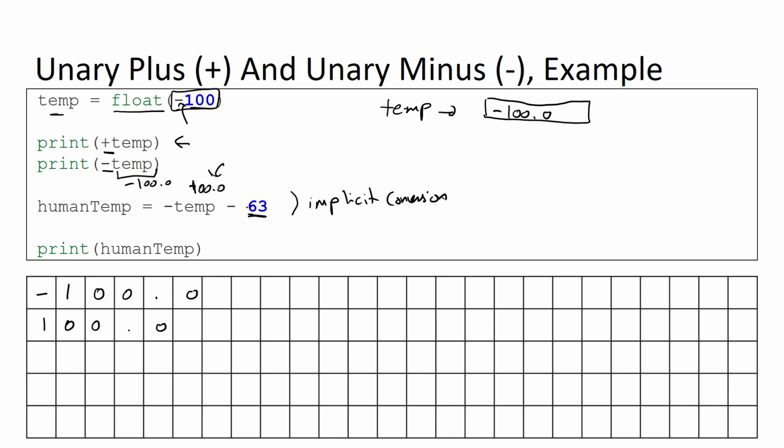So this 63 will be converted to a float, 63.0, and 100 minus 63.0 should give you 37.0. And when you print the result, you will get 37.0, and that's the output produced by that code at the top.